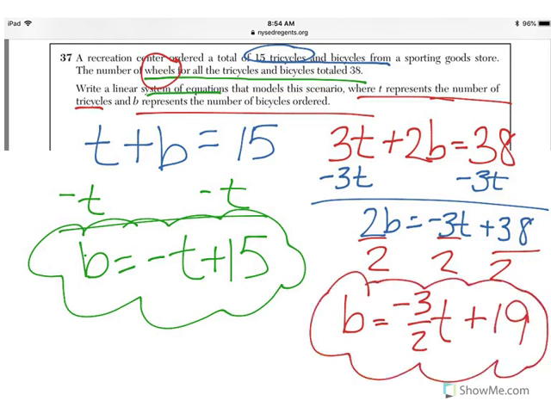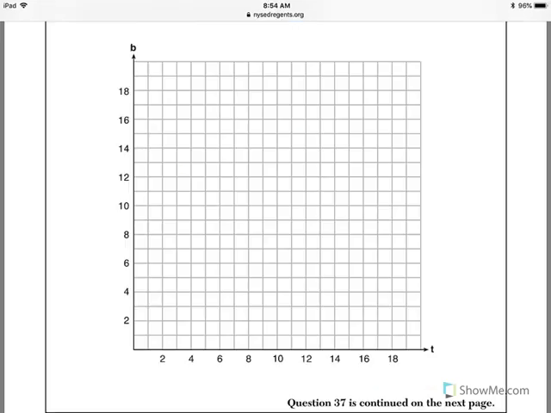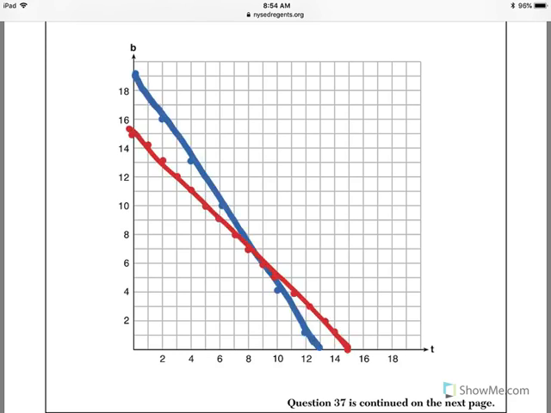And here is the second equation that we'll have to graph in the next step. So we're going to make sure that we start at 19 for one of our lines and go down 3/2 units, and the other graph starts at 15 on the y-axis and goes down 1/1. So we'll plot those points now.